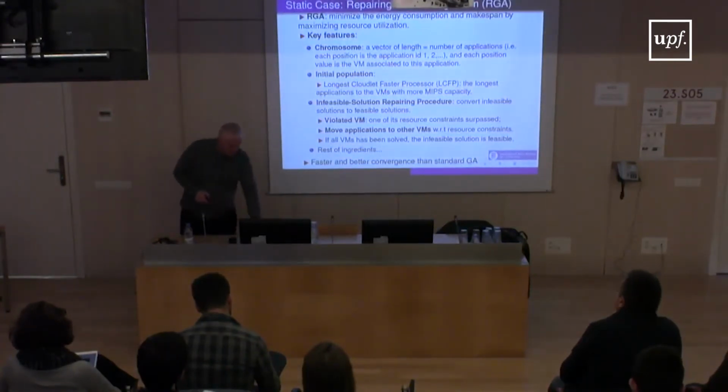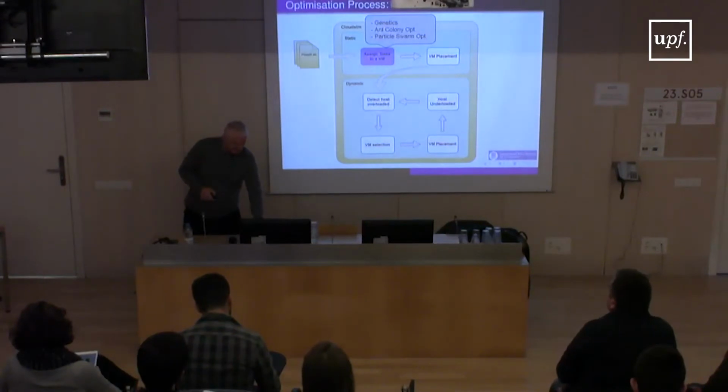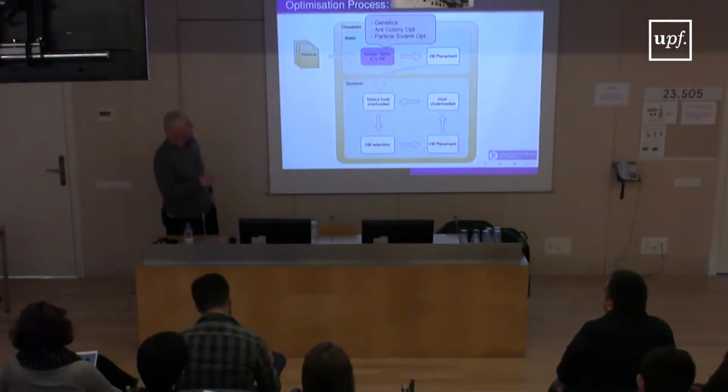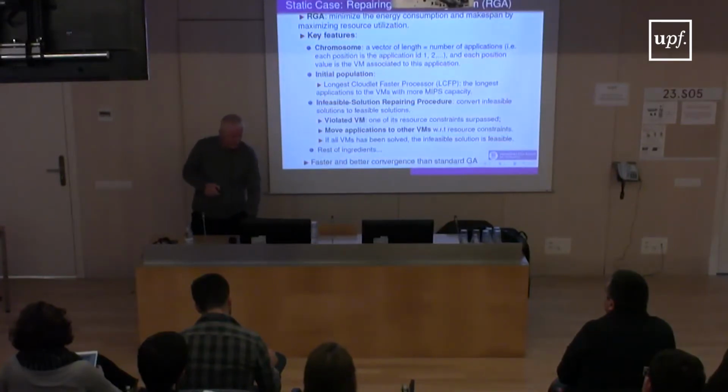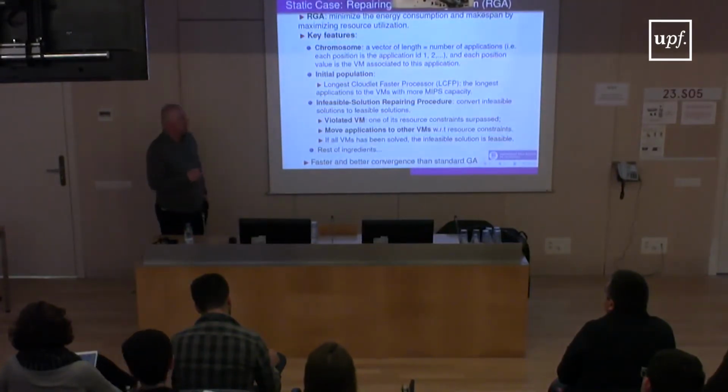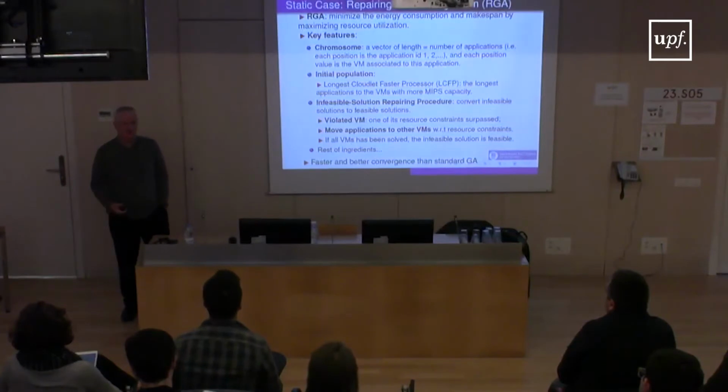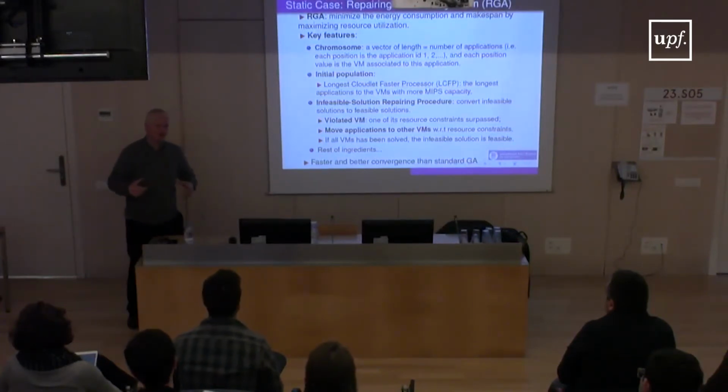For example, we have implemented some genetic algorithms here for this matching. And as soon as you start implementing the algorithm, you come to the point of implementing the genetic operators, right?